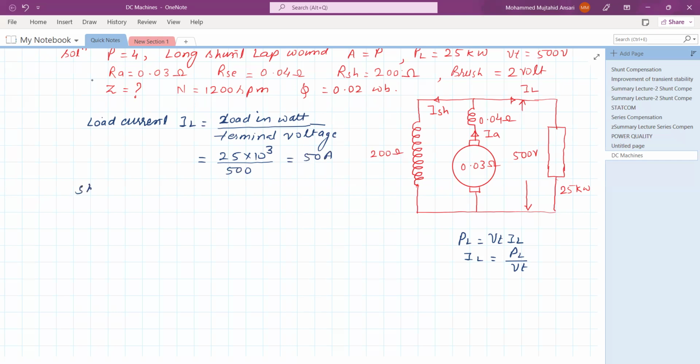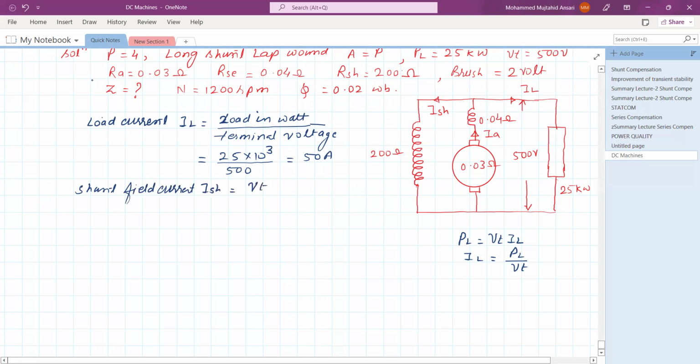Shunt field current ISH is equal to VT upon RSH, because the same voltage appears across these two terminals, as the load, the shunt field resistance, and the armature circuit are all connected in parallel.